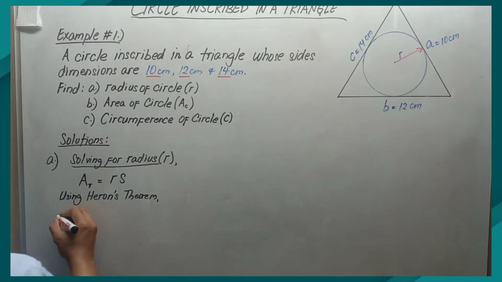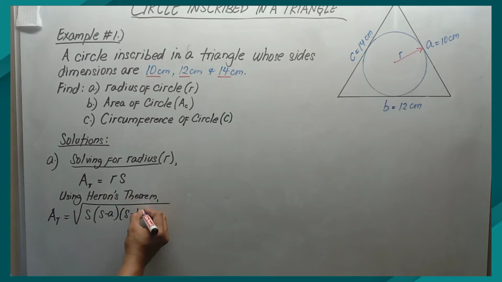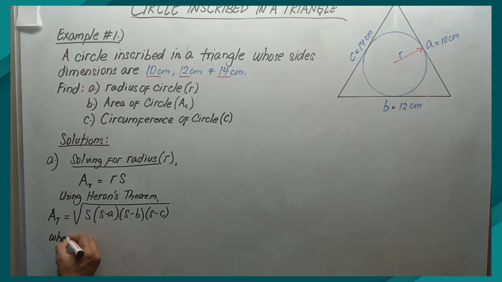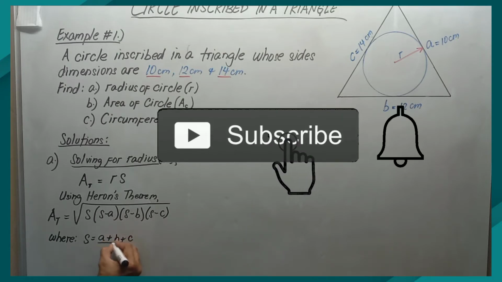Area of a triangle is equal to the square root of S times S minus A times S minus B times S minus C. This is the equation for Heron's theorem that we studied before, where S is the semi-perimeter of the triangle, where S is equal to A plus B plus C over 2.